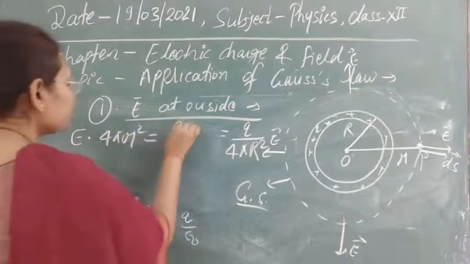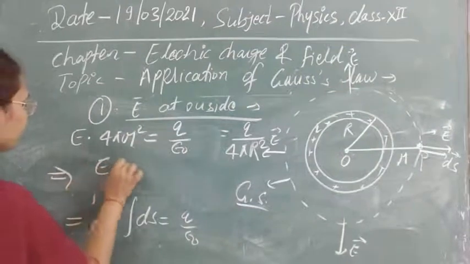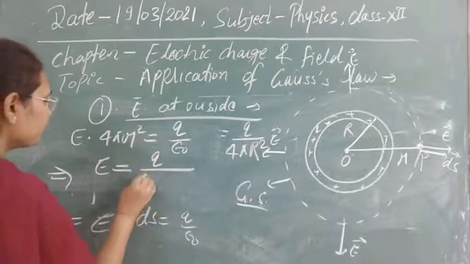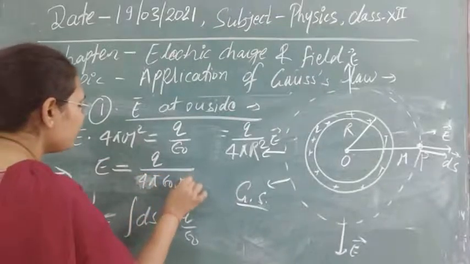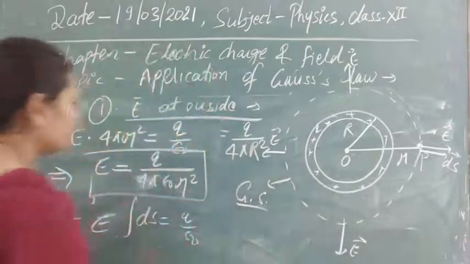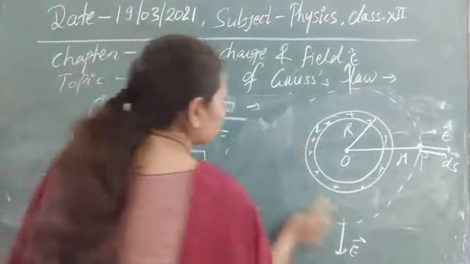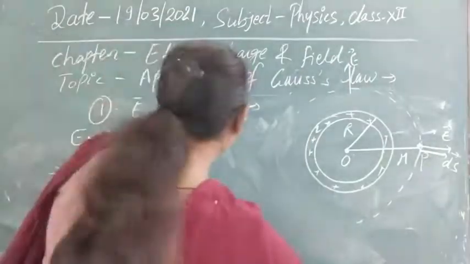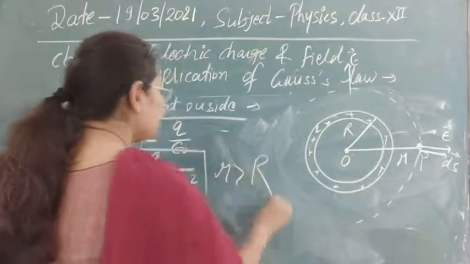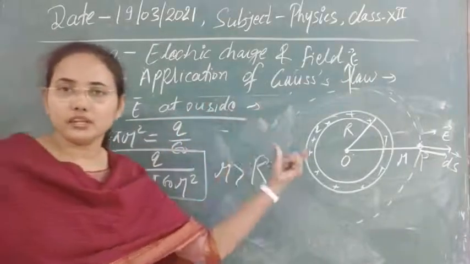So E times 4 pi r square is equal to Q upon epsilon 0, or simply E is Q upon 4 pi epsilon 0 r square. This is the value of the electric field for r greater than the radius of the spherical shell, that is, at any point outside the sphere.